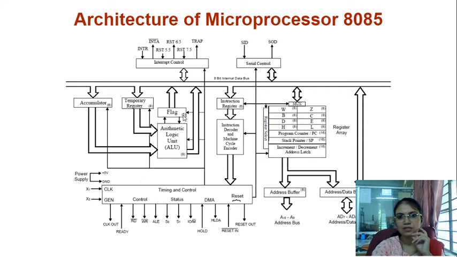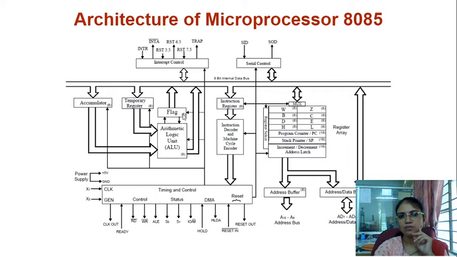But in the flag the number given is 5. The number 5 indicates that this flag has 5 flip-flops, or that this flag will store 5 bits of information. This is also one of the registers, which stores 5 bits of information.